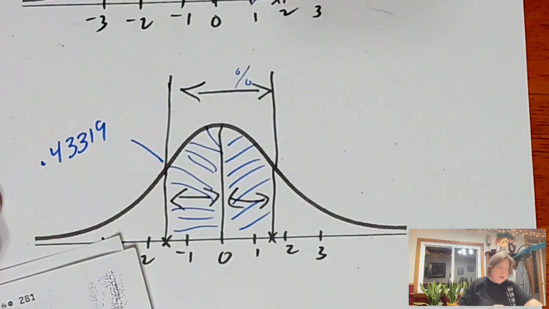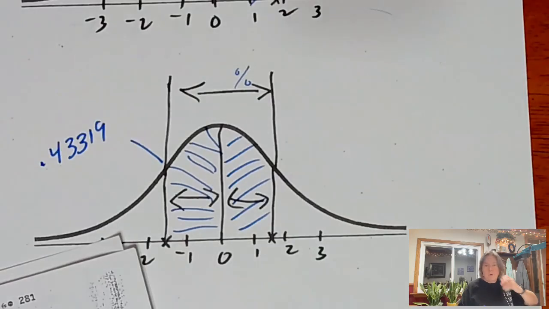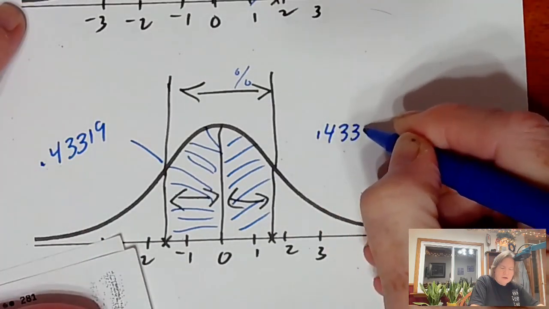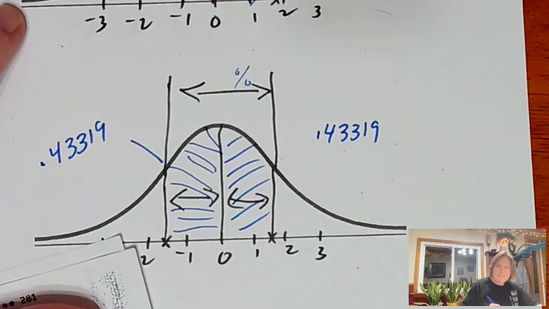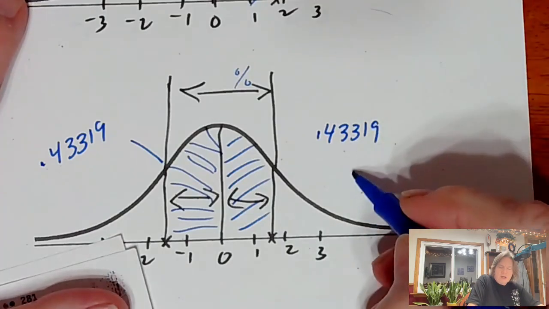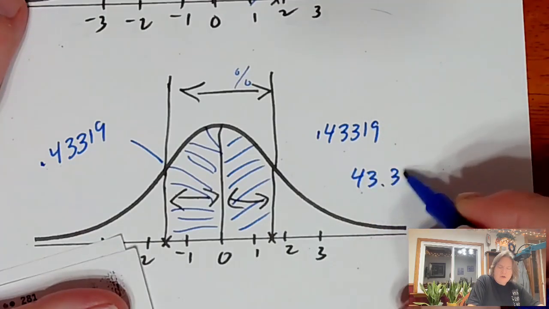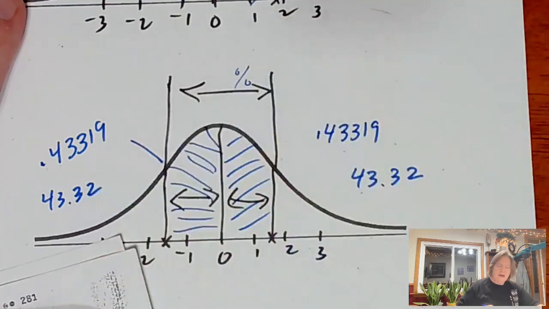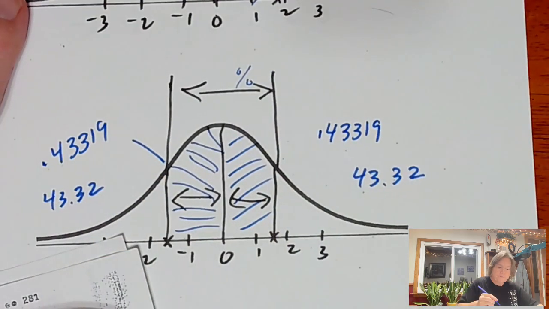So this is going to be 43.32, and 43.32, and we're going to add those together.